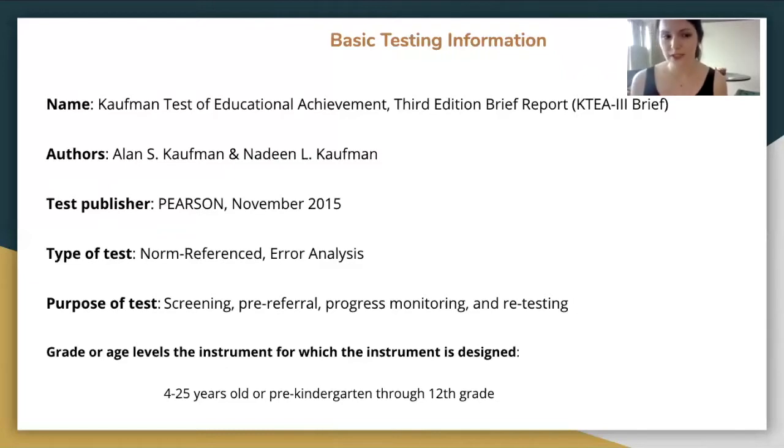The type of test is norm-referenced and error analysis. And the purpose of the test is screening, pre-referral, progress monitoring, and retesting. The test was intended for 4 to 25 years old or from pre-kindergarten through 12th grade.